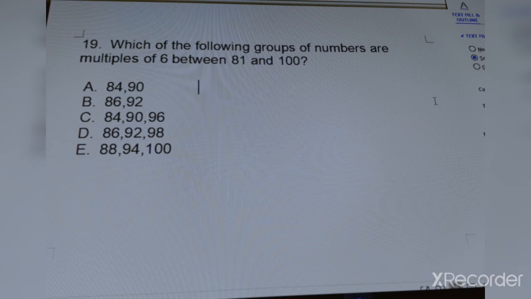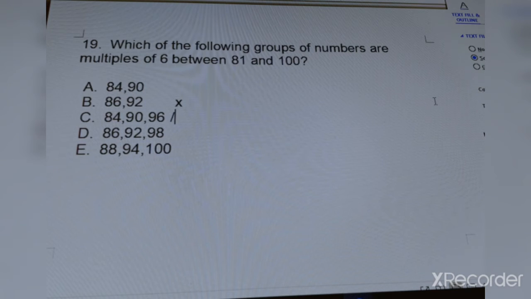Now, let's try letter B. 86. 8 plus 6 is 14. 14 is not divisible by 3. So letter B is wrong. Letter C. 84. 8 plus 4 is 12, divisible by 3, so divisible by 6. 90. 9 is divisible by 3, and it's an even number, so it's divisible by 6. 96. 9 plus 6 is 15, divisible by 3, and 96 is an even number.